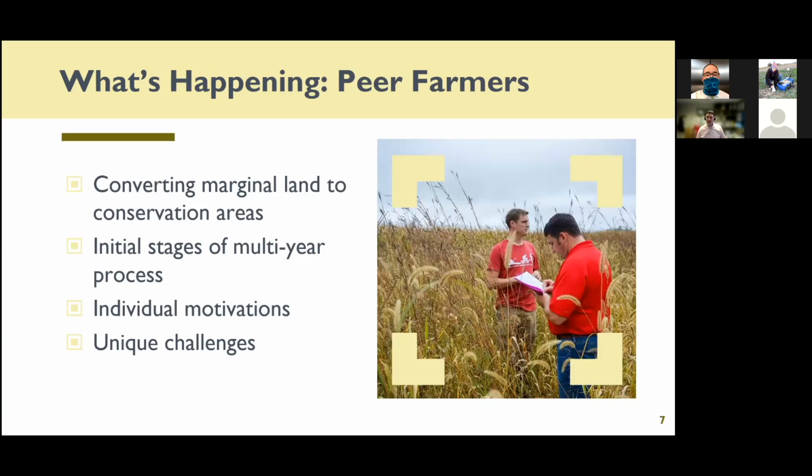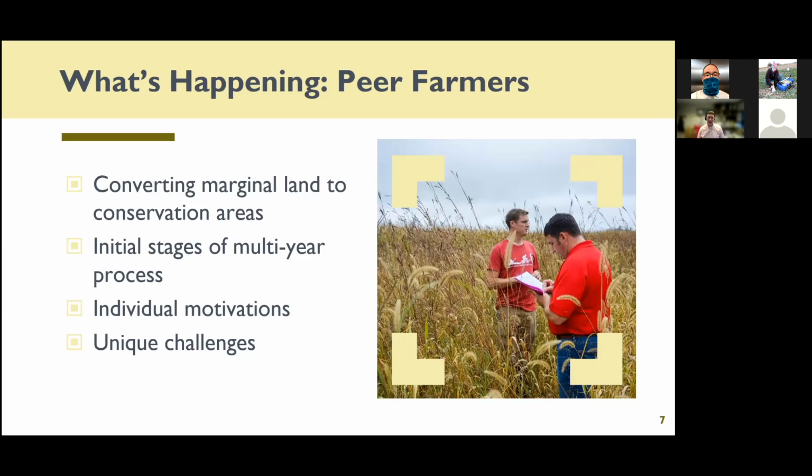Again, I think this is an opportunity where we can talk about converting marginal land into conservation areas, but it also allows us to start talking about the multi-year progression of things, evaluating not only where you're at now, but the past 5-10 years, and also how things would look if you move forward 5-10 years into a different program or a different species in some of these areas.